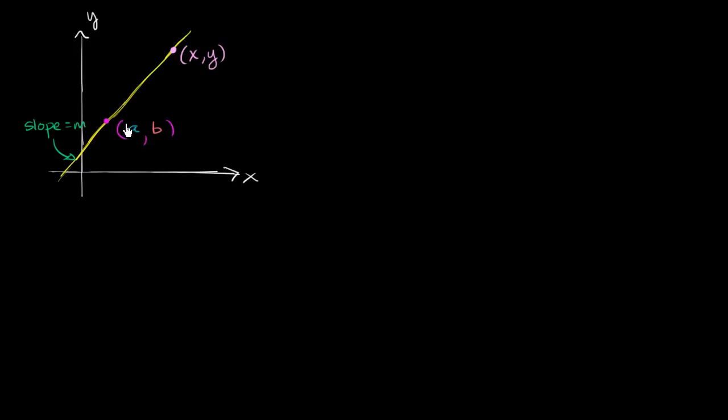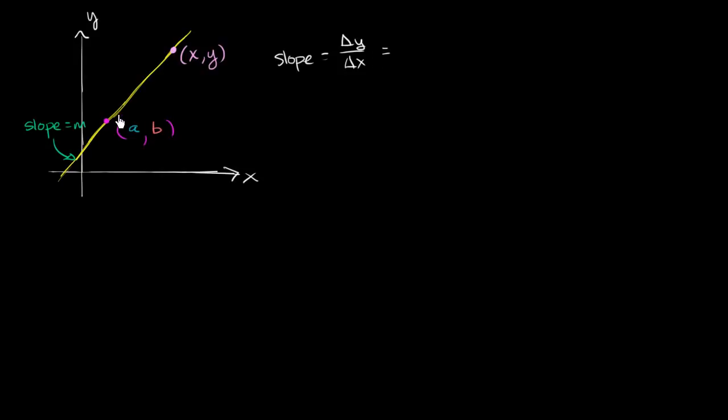So what is the slope between (a, b) and (x, y)? Remember, slope is just change in y over change in x. Let me write that. Slope is equal to change in y over change in x. This little triangle character is the Greek letter delta, shorthand for change in.